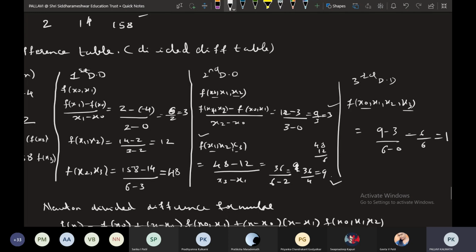The second term in the second column is 9 and the first value is 3. So 9 minus 3 divided by, according to the term we have written here, x0, x1, x2, x3. In the denominator we always take the last term minus the first term, x3 minus x0. What is the x3 value? x3 is 6, x0 is 0. So 9 minus 3 is 6, 6 by 6 is 1. Thank you, ma'am.